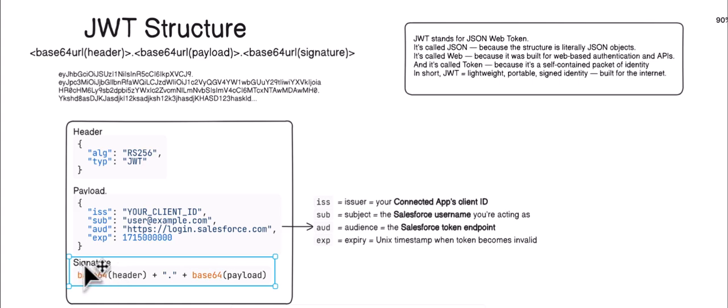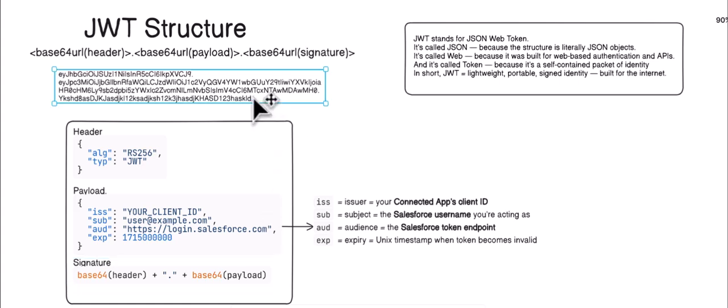I explained the process of creating the signature, and that also is base64 encoded and included in the final JWT. So this is what is actually sent from client to server.